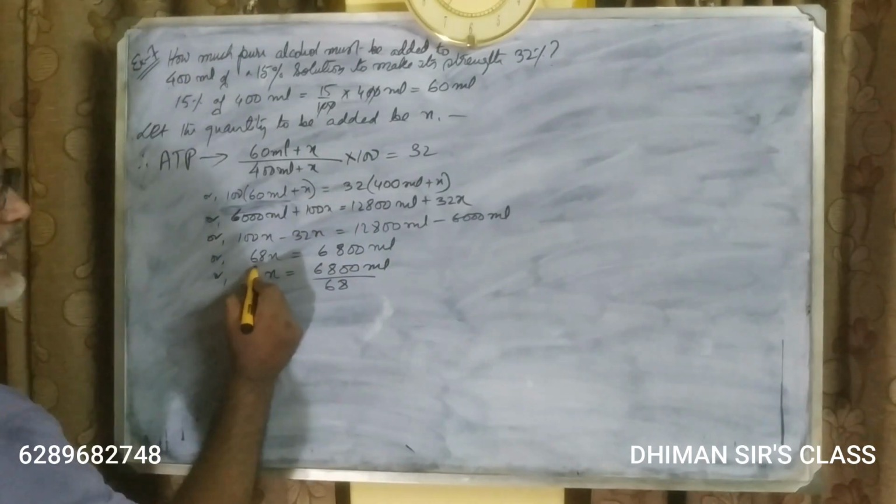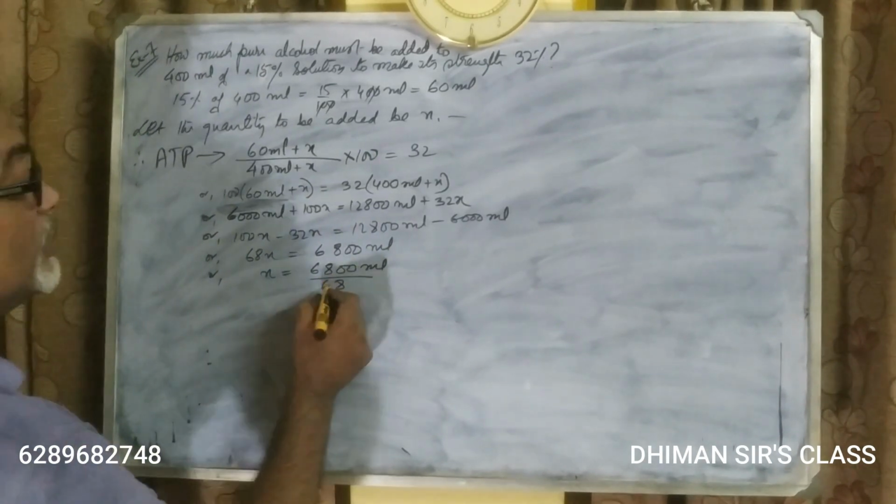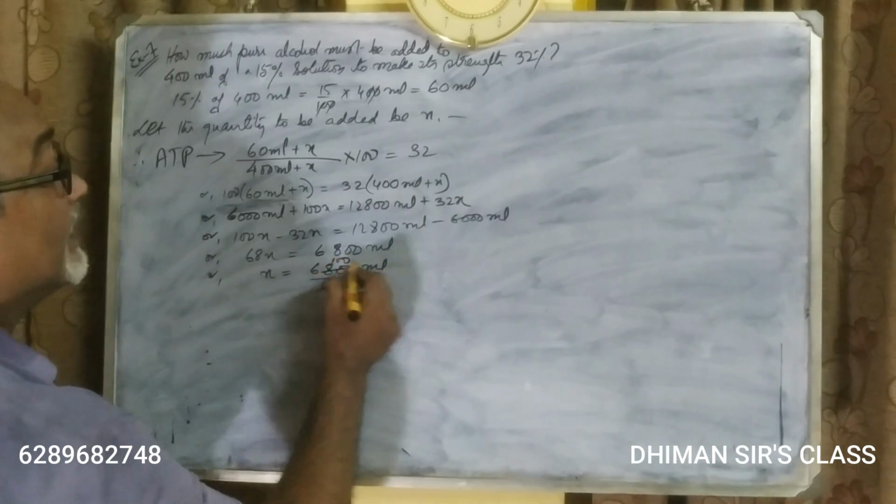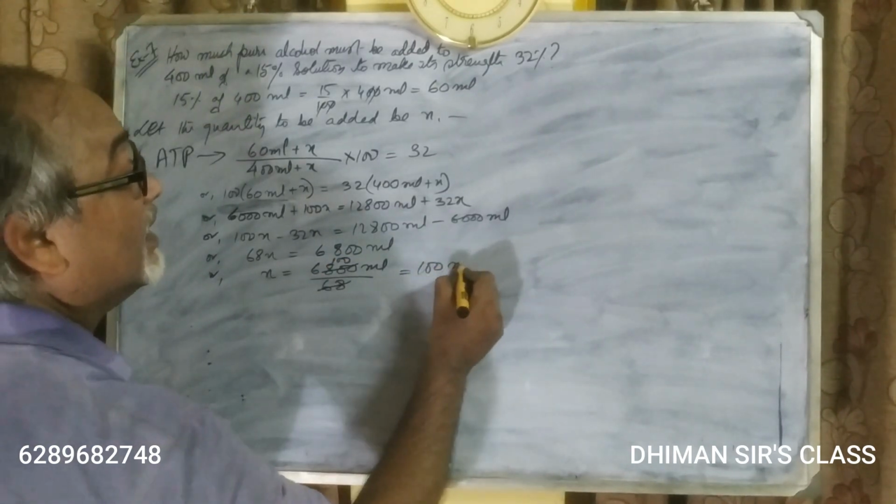It was numerator here, it goes that side because denominator 100 is equal to 100 ml.